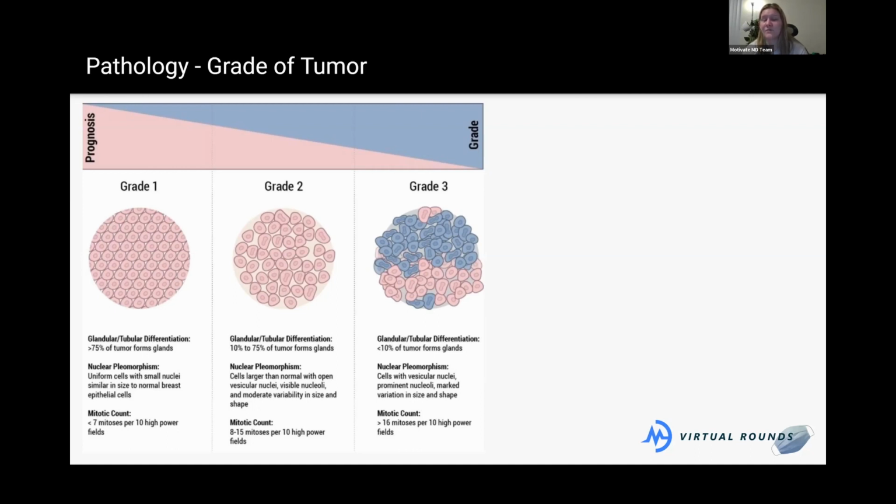There are actual nuclear changes, with the nuclei enlarged and of different sizes and shapes. You can even see the nucleoli and the vesicles in the nuclei because they're so big. And you have a lot of mitotic bodies and cells going through mitosis in grade 3. As we see here, the prognosis decreases the higher the grade. Something that's grade 3 is going to be a lot more aggressive and harder to treat compared to grade 1.